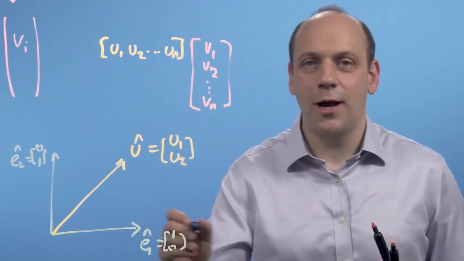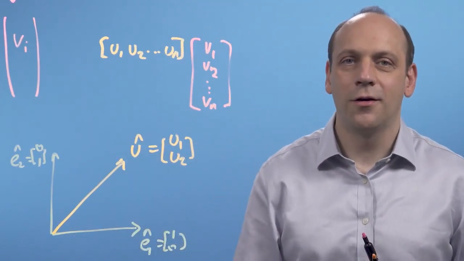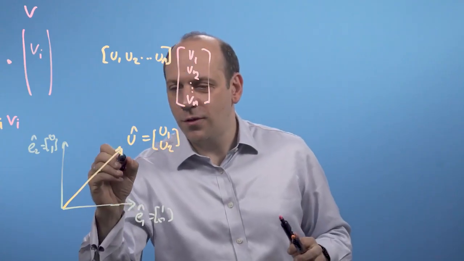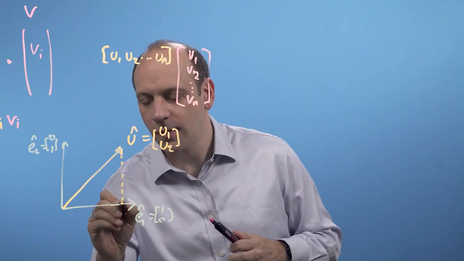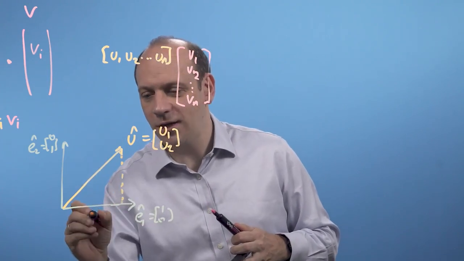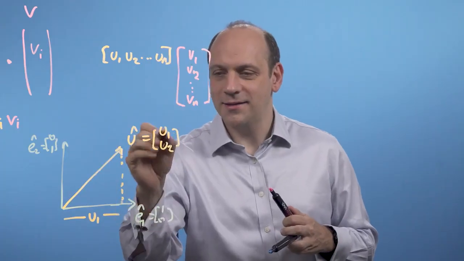Now let's think about what happens when I dot U hat with E1, when I do the projection of U hat onto E1. So when I drop U hat down onto the axis here, I'm going to get a length here just of U1, just of the x-axis element of U hat.